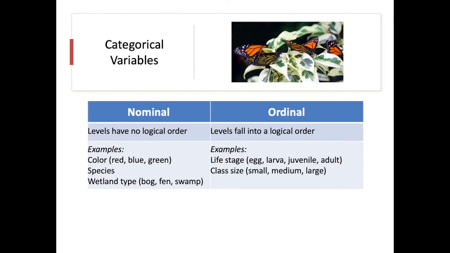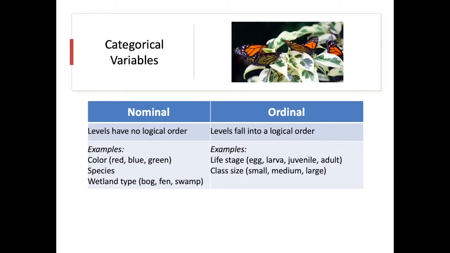We can further subdivide categorical variables into either nominal or ordinal variables. For nominal variables, the levels of our categories don't follow any logical order. So for example, different colors don't fall in any logical order, or the identity of a species doesn't fall in any logical order.